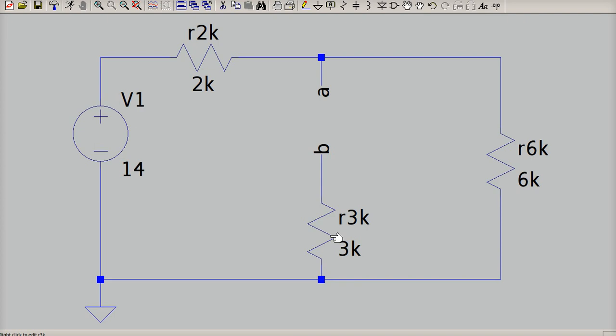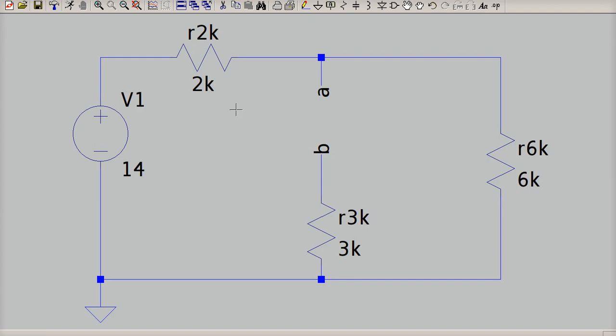So you could do a Norton circuit, and your R Thevenin will equal your R Norton, if I say it correctly. So that would be the Thevenin circuit I asked for.